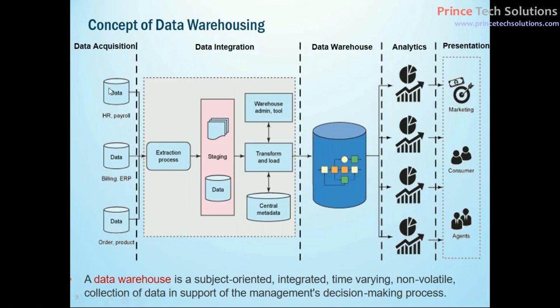Say table 1, table 2, table 3, they will fetch here and store roughly in their data stage, and then as per the document, whatever data needs to be pushed to the data warehouse will be segregated, joined, transformed and loaded into the data warehouse. If they select a table with 100 columns, they may load only 10 or 15 columns into the data warehouse. That type of transformation they can use.